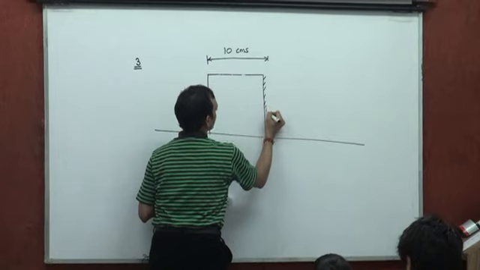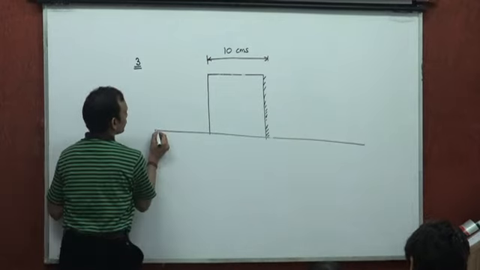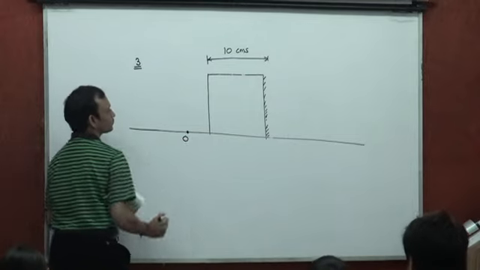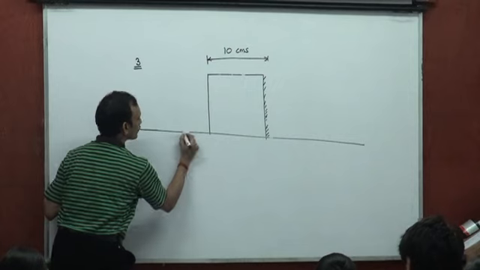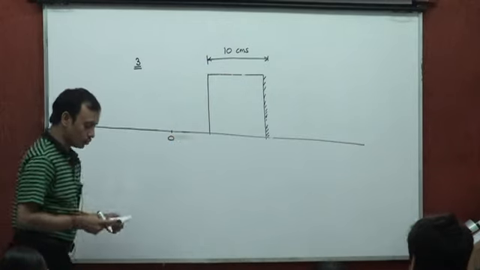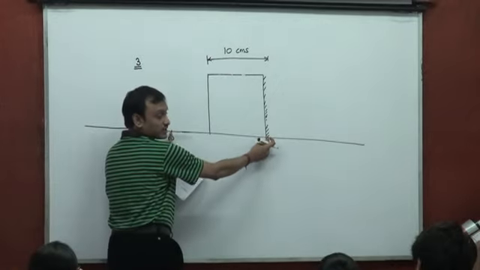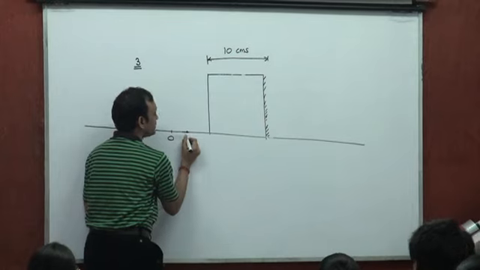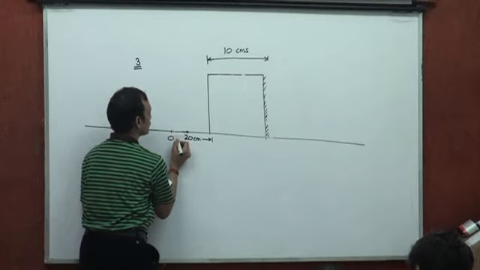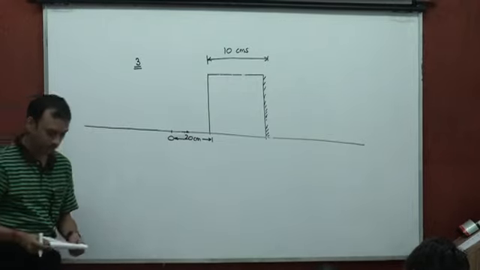This side is silvered. There is an object O placed 30 centimeters from the reflecting surface. 30 centimeters from this surface means 20 centimeters from this surface. That's where the object O is placed.